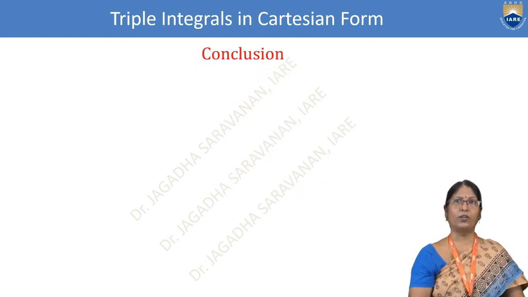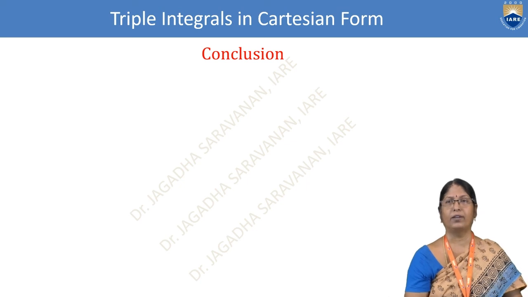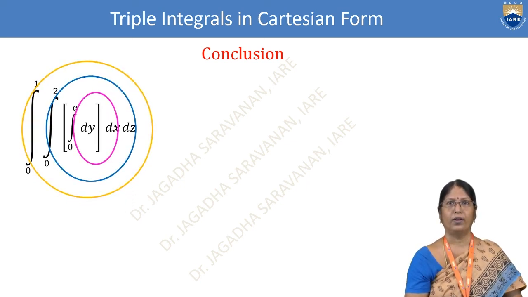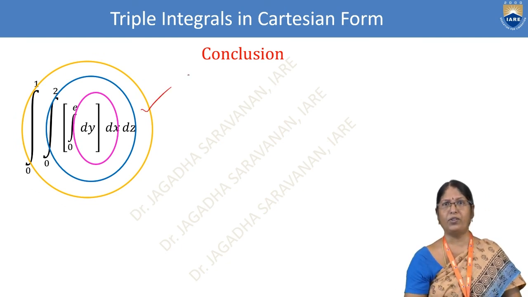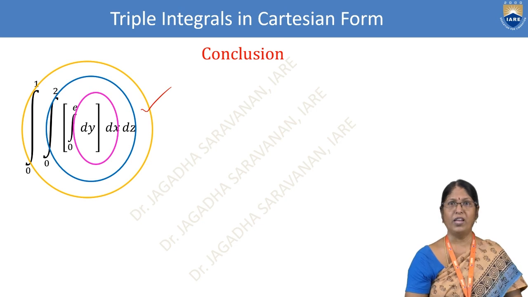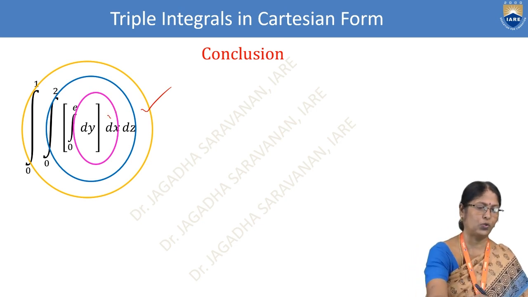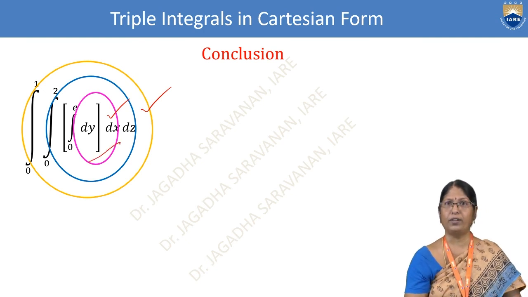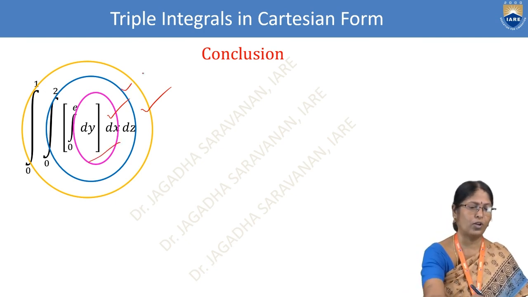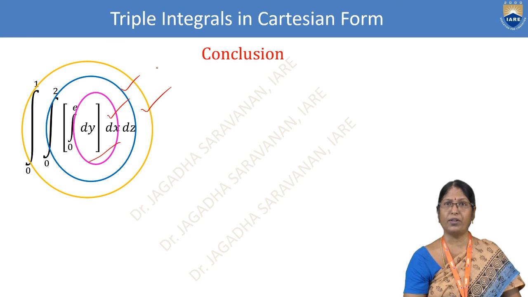We will come to a conclusion of this topic, triple integrals in Cartesian form. First, we took a problem, the triple integration, and the innermost we solved first. The result is substituted, and we focus on the middle integration.